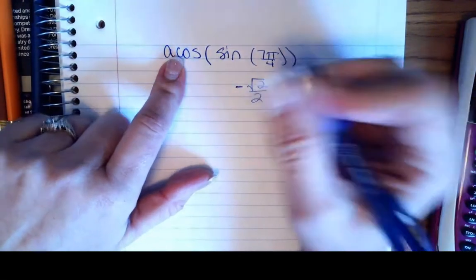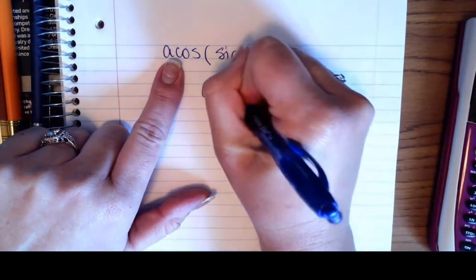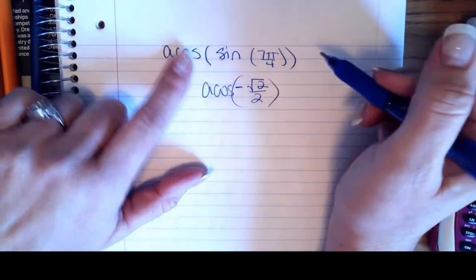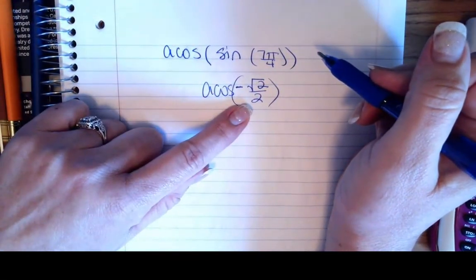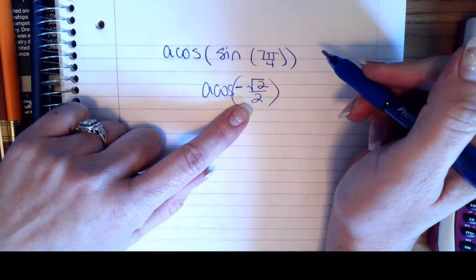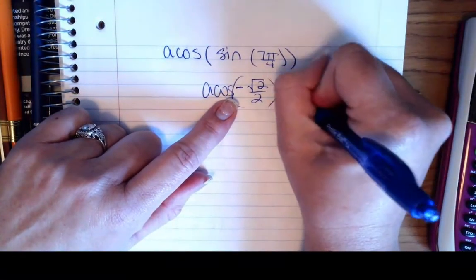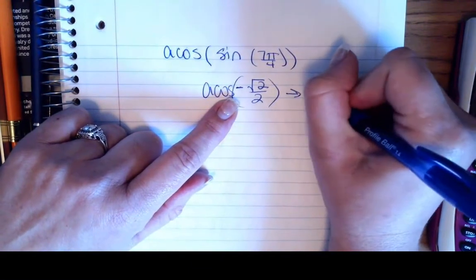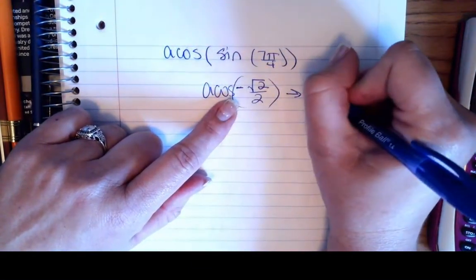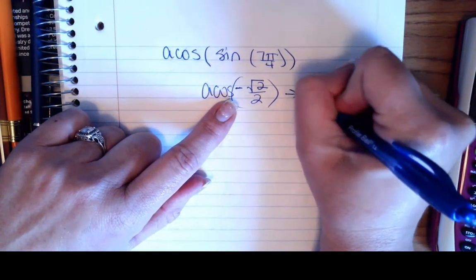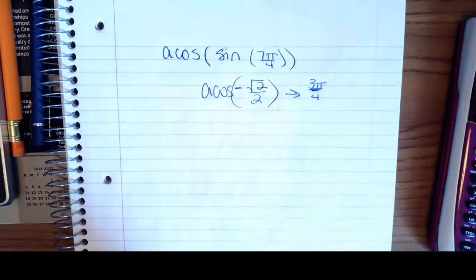So now to do this part: where does cosine have a ratio of -√2/2? Arc cosine can live in quadrants 1 and 2. It's negative in quadrant 2. What angle measure does that happen at? It's going to happen at 3pi/4, which is in quadrant 2.